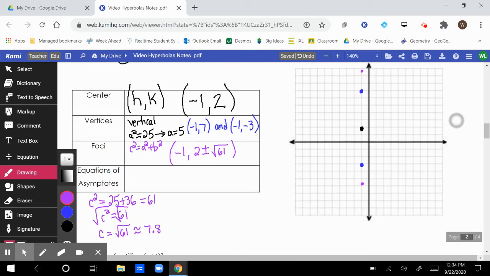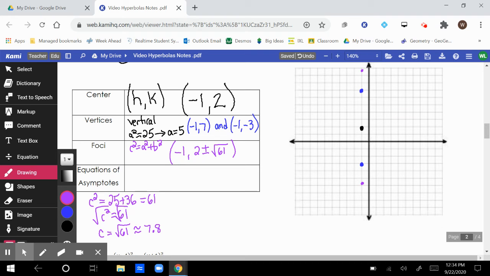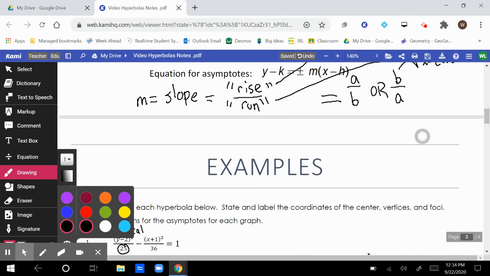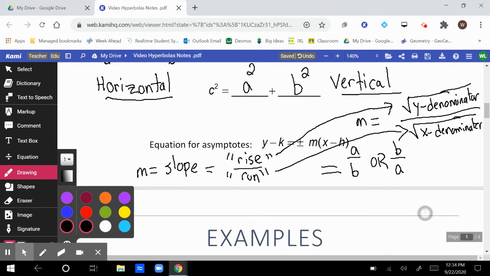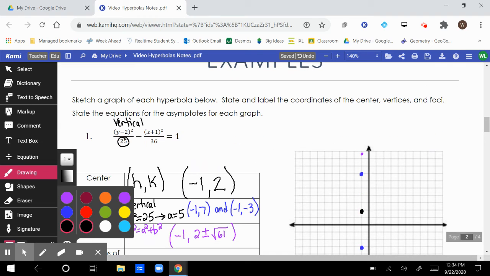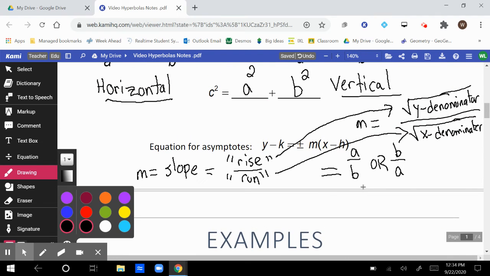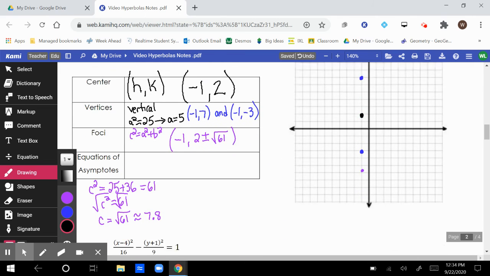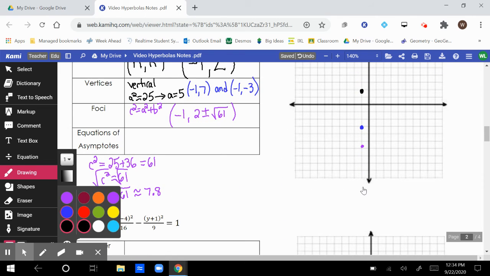The last thing, you're almost done here: equations of the asymptotes. I'm going to go back up to that first page. y minus k equals plus or minus m times x minus h. The y minus k part and the x minus h are very simple.